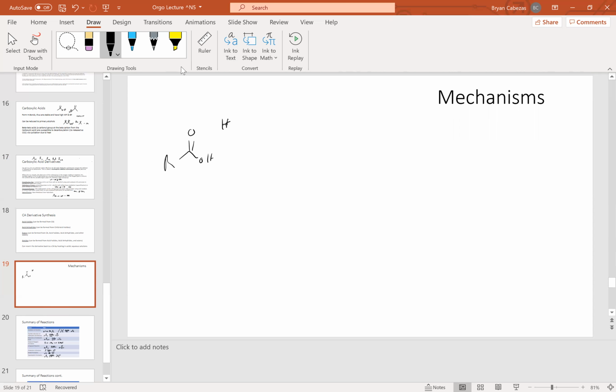Well, before I actually start the mechanism, let me show you the reactions of these, esterification, for example. In esterification, we have a carboxylic acid. We have an alcohol group, which is going to be forming the ester. We have both of those in acid, and then we have the ester form, right? The OR rather than the OH, and we just have water, right? This is the esterification reaction.